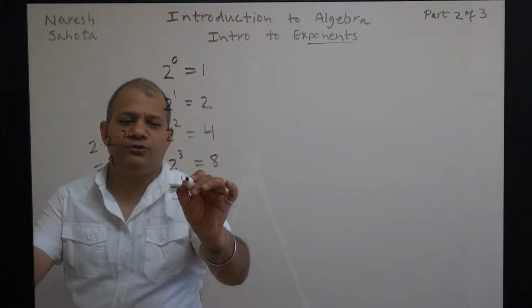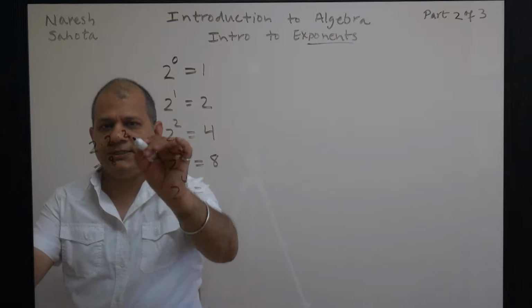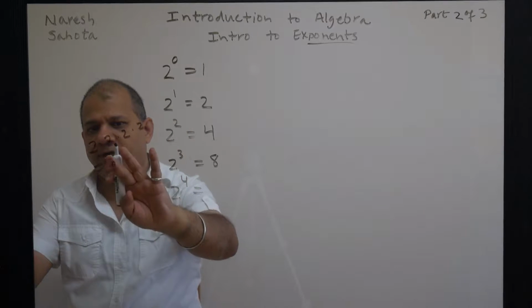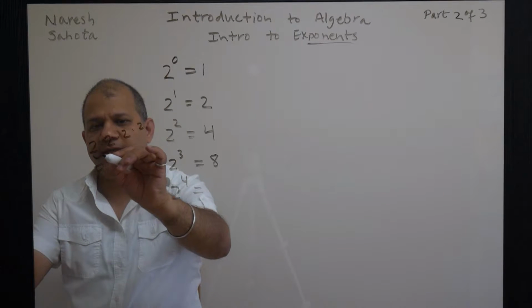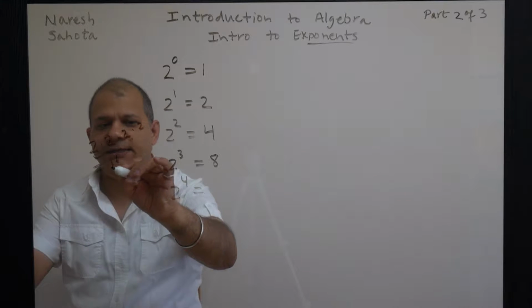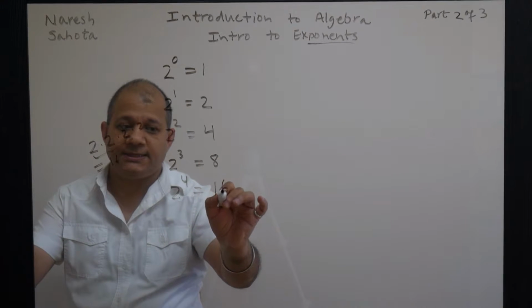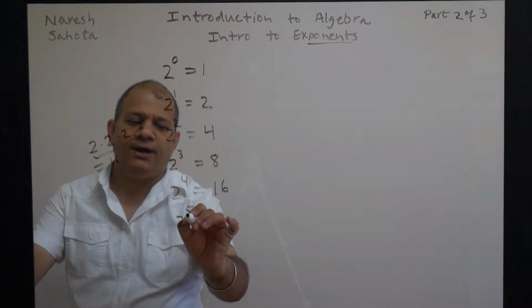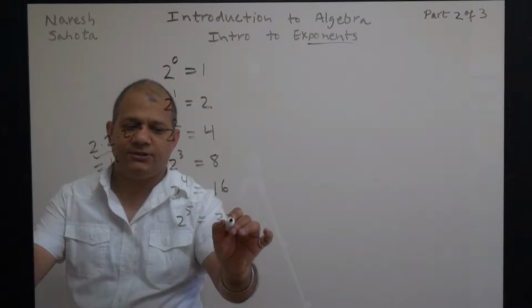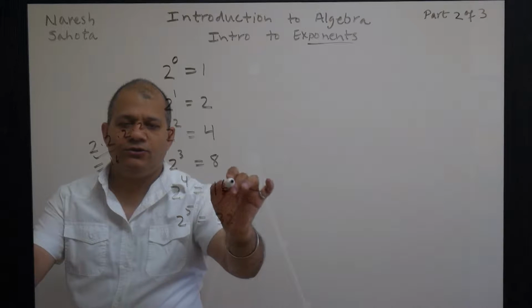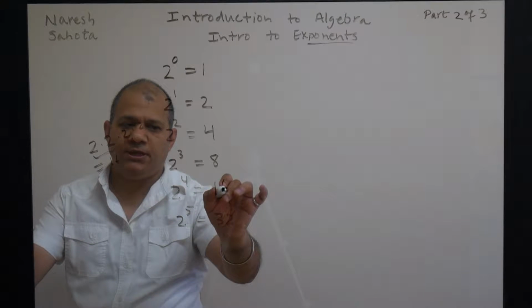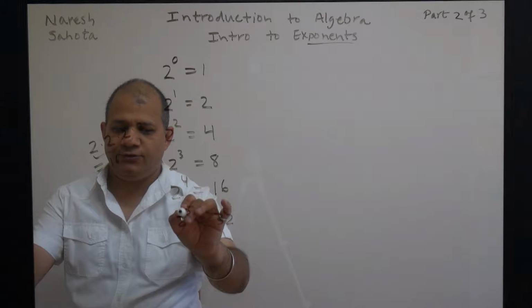And what about 2 to the 4? It simply means you add another 2 here. So this was 8, and 8 times 2 is 16. What about 2 to the 5? The answer is 32, since we already know 2 to the 4 is 16 and we're multiplying by another factor of 2.